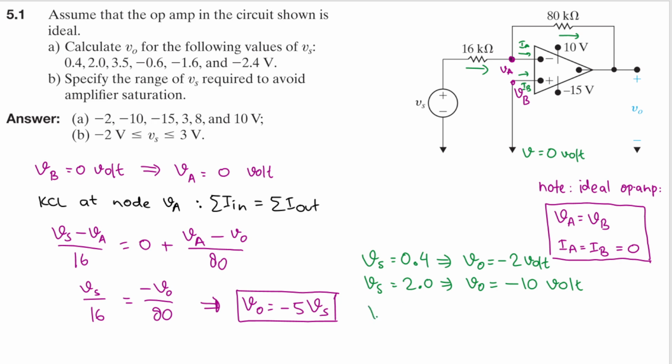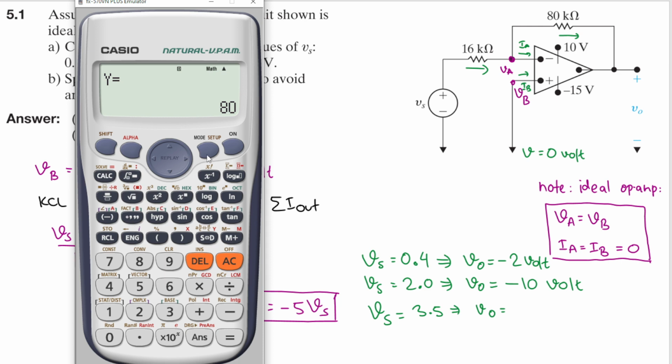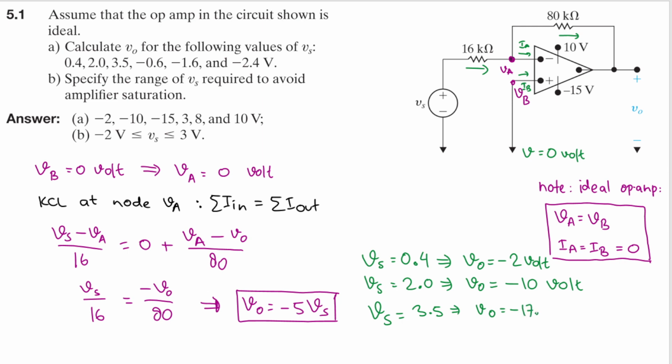Okay, and I think Vs is equal to 3.5. And then what is V0? V0 is equal to minus 3.5 multiplied by 5, that will be minus 17.5.